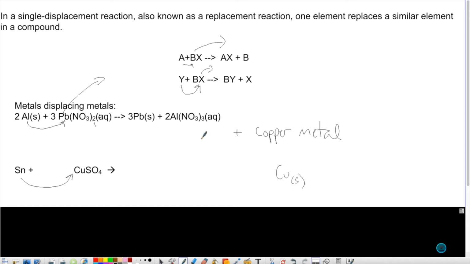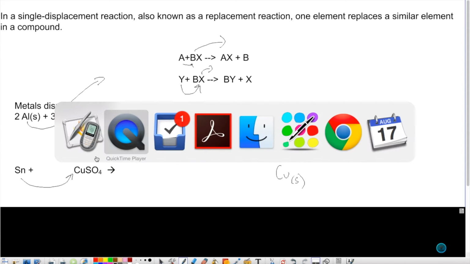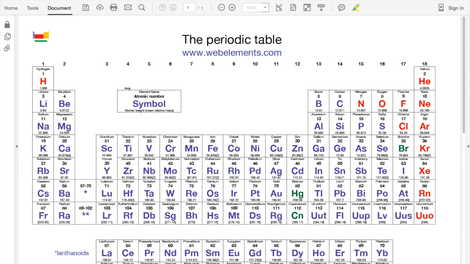Okay. But what about the other one? Well, there's going to be some sort of mixture between tin and sulfate. Well, what kind of charge are we talking about here for the tin? Tin is a heavy metal, and as you know, heavy metals can have more than one charge. So I'd have to tell you what that charge is.